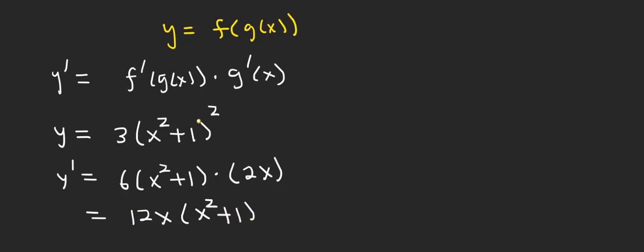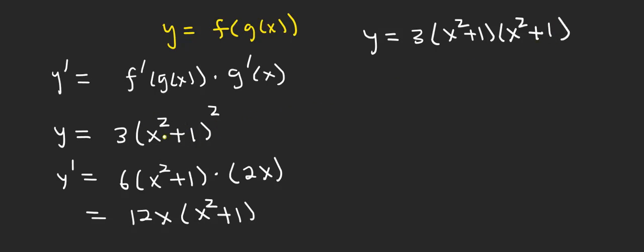If you did not want to use the chain rule, we could multiply this out. This means you have 2 of x squared plus 1. So you multiply this out and you end up getting x to the 4th plus 2x squared plus 1.